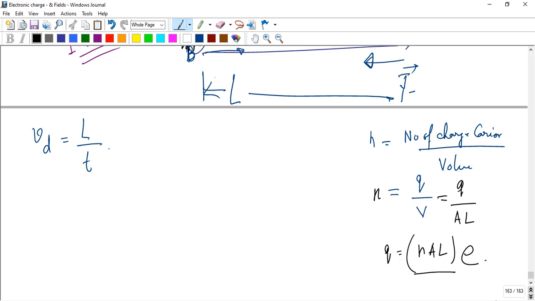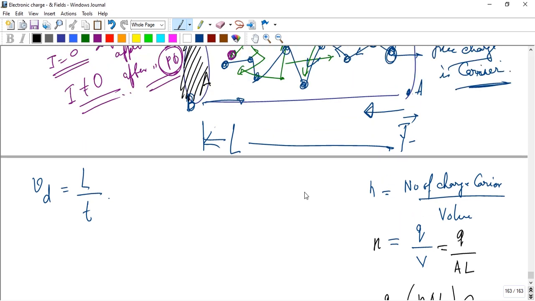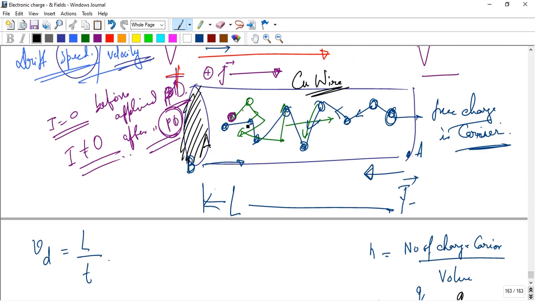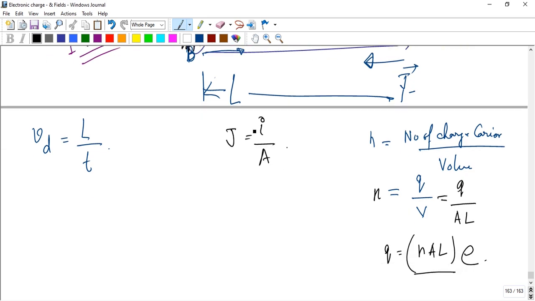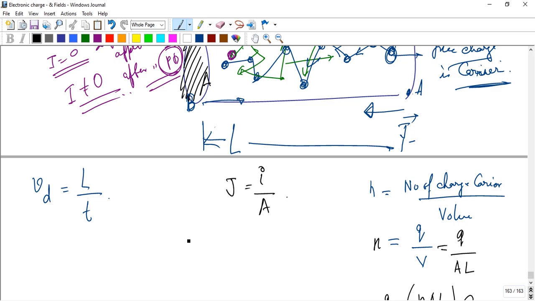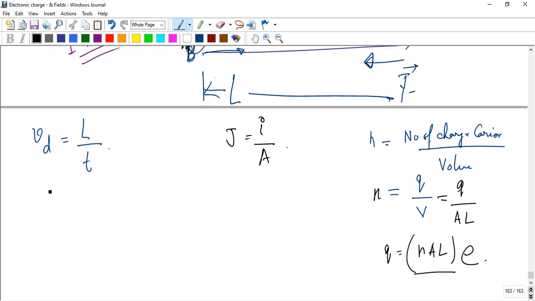And the current density is current per unit area, J equals I by A. So we have three equations: the current density equation, the drift velocity equation, length by time, and Q equals NALE.